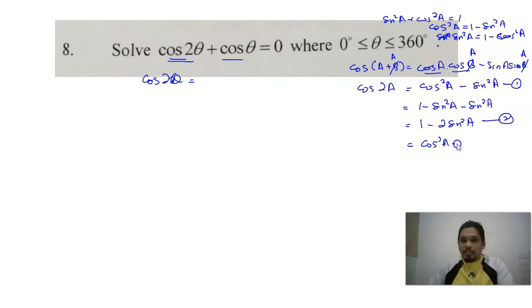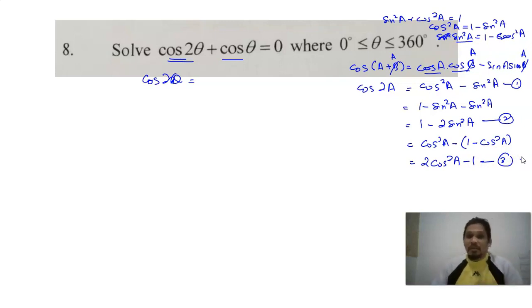Cos square A minus sin square equal to 1 minus cos square A. And then negative with negative become positive. So cos square A plus cos square A, 2 cos square A minus 1, equation 3.